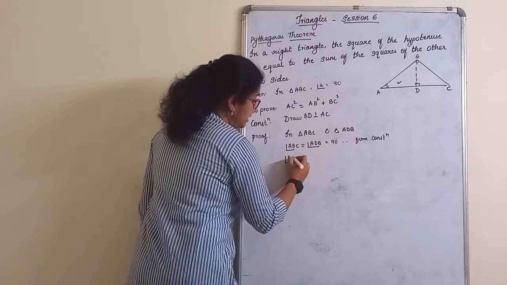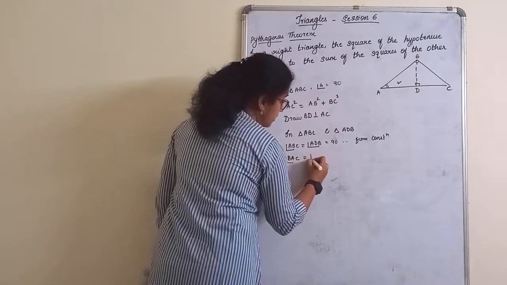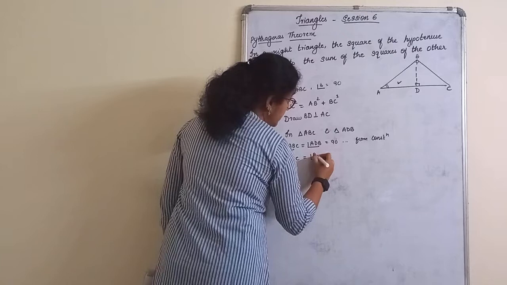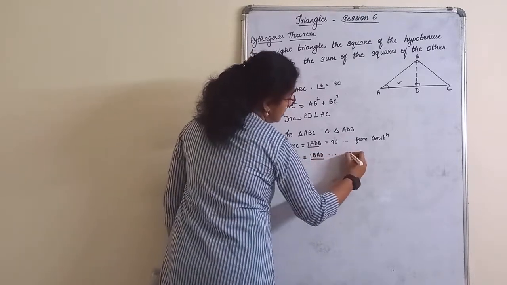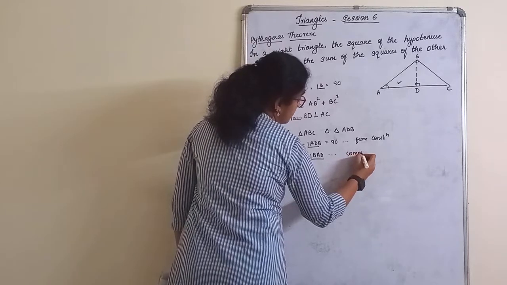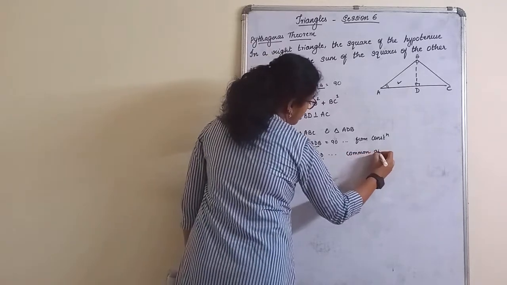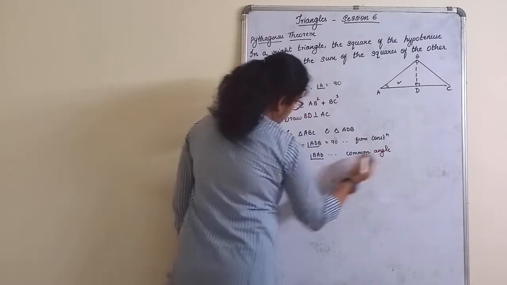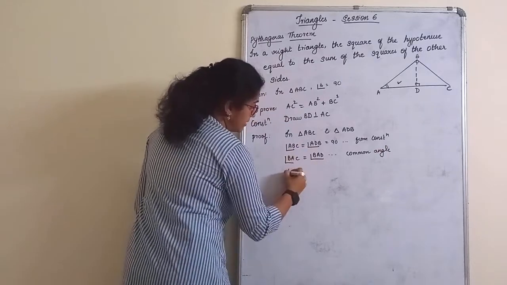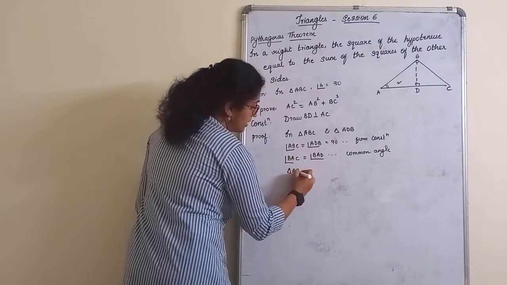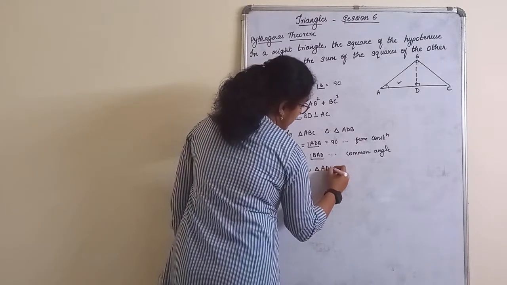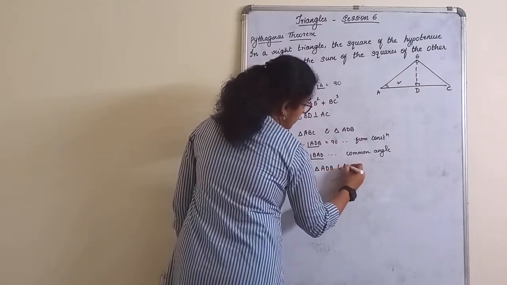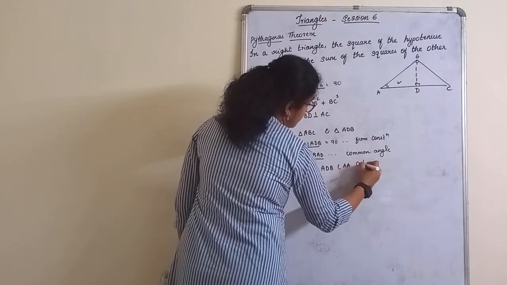Angle BAC is equal to angle BAD, reason: common angle. Two angles are more than enough here. So we write triangle ABC is similar to triangle ADB by the double A criterion.